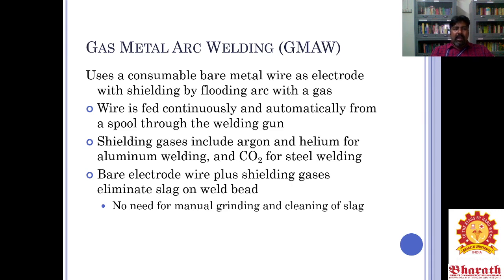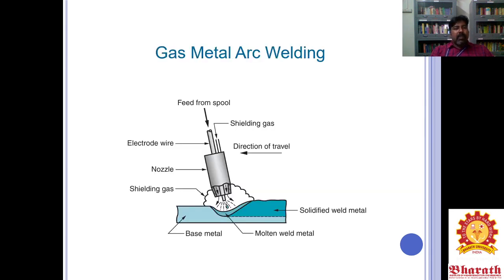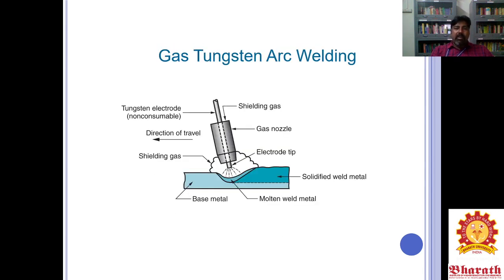So these are the important things about metal inert gas welding, MIG welding. Similarly, the same procedure is used for TIG welding, gas tungsten arc welding, but the only difference is that we are using a non-consumable electrode. In each and every process we cannot change that tungsten electrode.